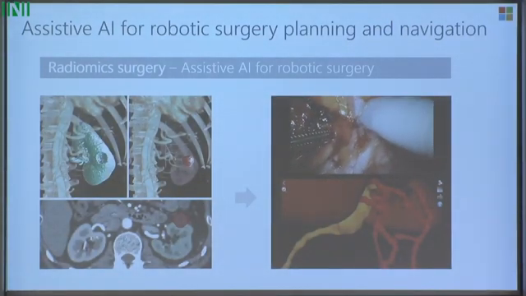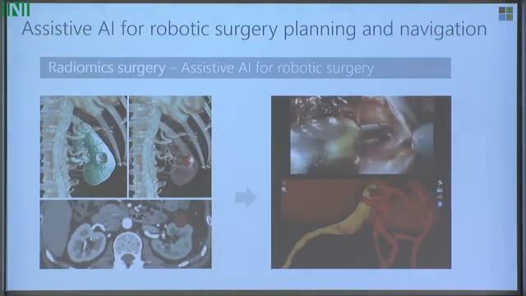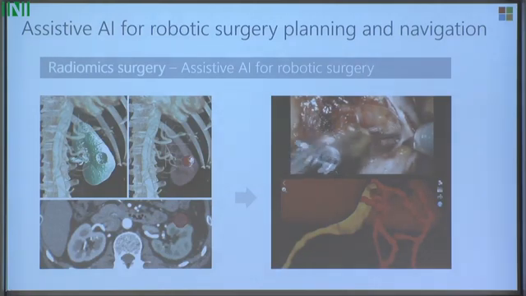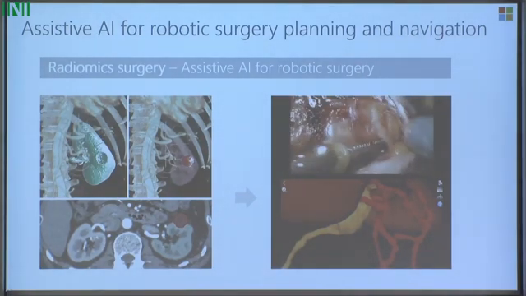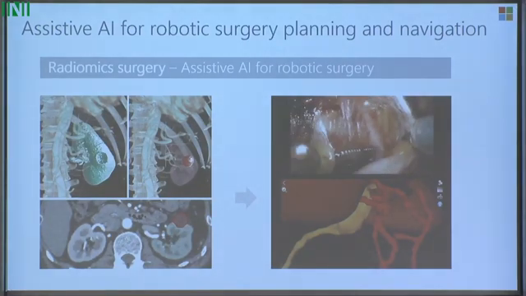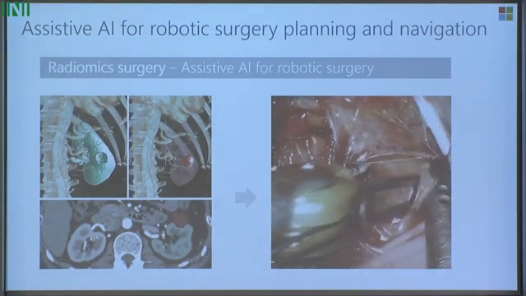To the left you see the segmentation produced by our algorithms, and this is useful for two purposes. One is it's useful for consultation, where the clinician can explain to the patient why they need the surgery, and the second is that it's also useful for the surgeon.